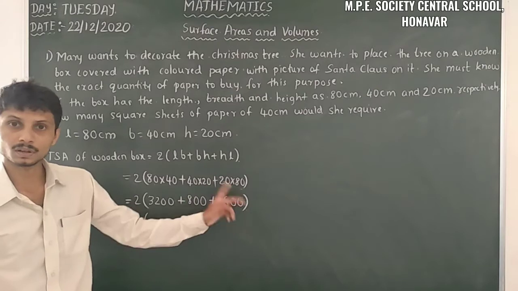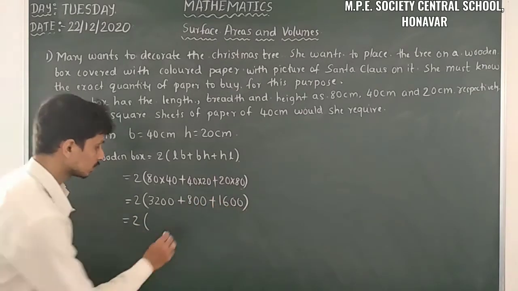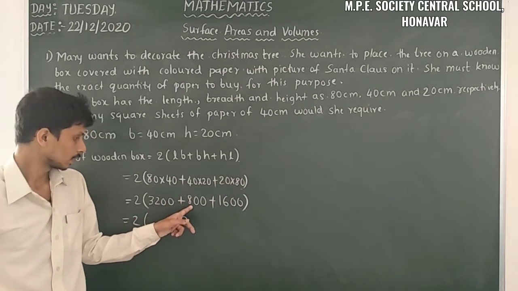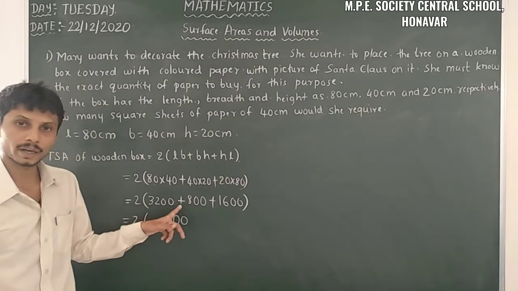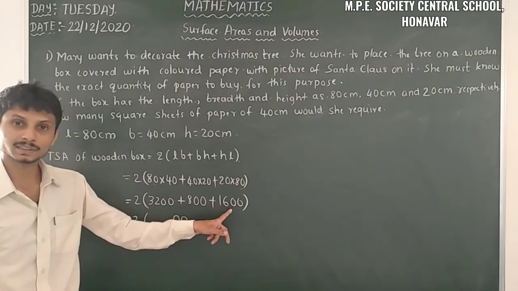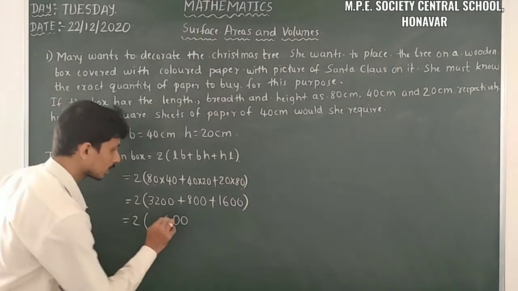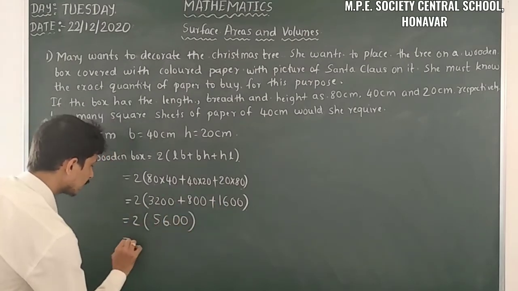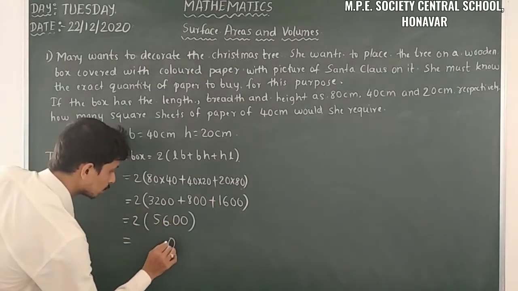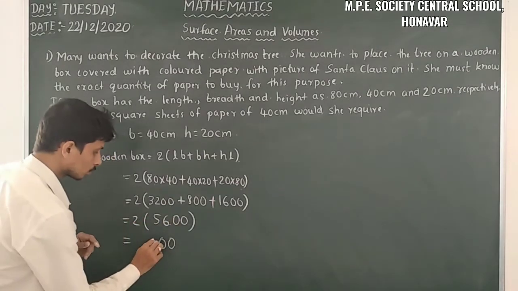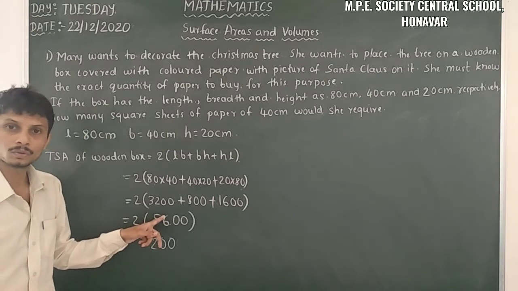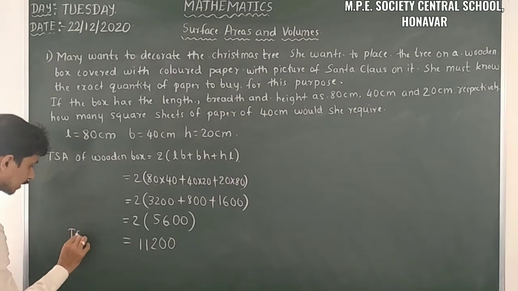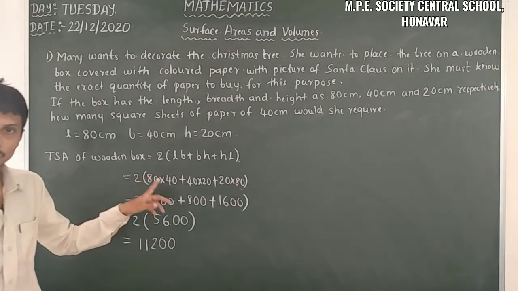At the end we have 2 zeros, so just write the zeros, and here we have 2 and 8, which is 10, 10 plus 6 is 16, 1 remains, and 3 plus 1 is 4, plus 1 is 5. 5600 is equal to, so 0 and 0, 2 into 6 is 12, 1 we have, 2 into 5 is 10 plus 1 is 11. 11,200 is the TSA, total surface area of this wooden box.